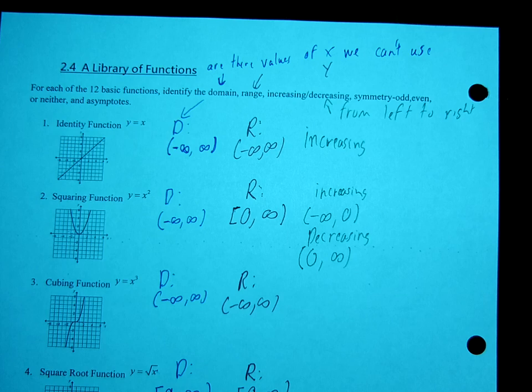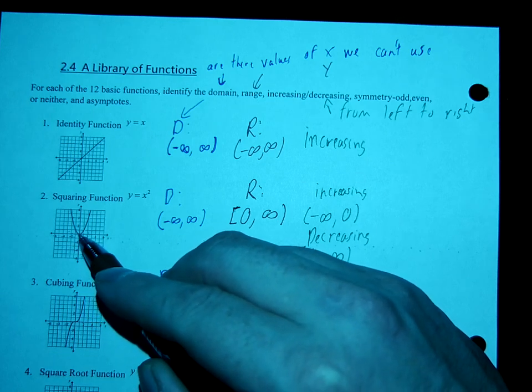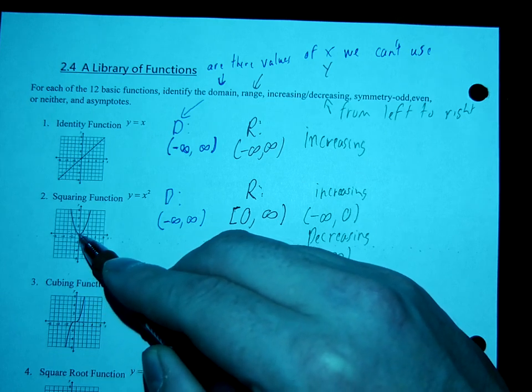So it has both on this particular one. And that point in the middle we call the vertex, which is also a point of inflection, where it changes from increasing to decreasing. So this point right here, 0, 0, is a special point called the vertex, where it changes, in this case, from increasing into decreasing.